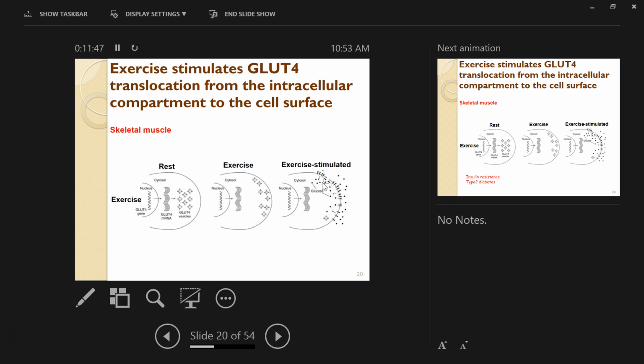So basically, when you're thinking about exercise, usually muscle utilizes a lot of glucose for the energy. So under exercise, blood glucose level is relatively low. So normally, under low glucose level, insulin will not be secreted a lot, right?